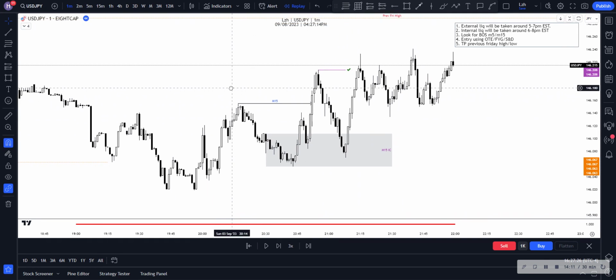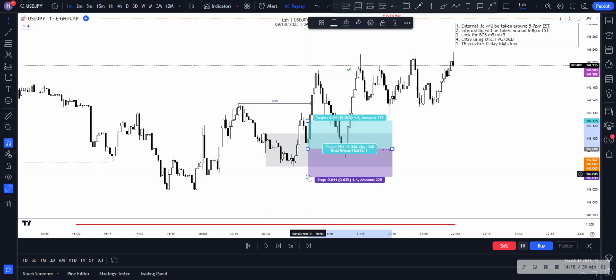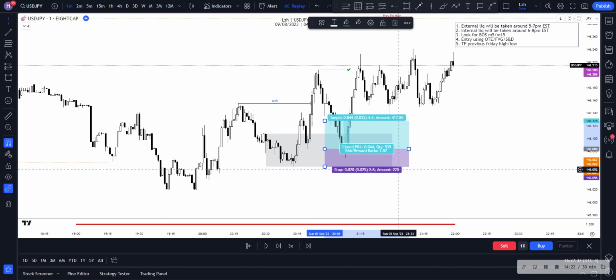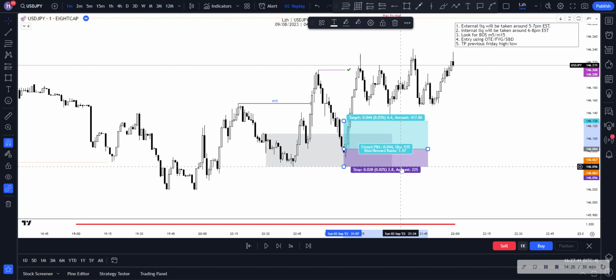A lot of people mention this, placing the entry right at the mitigation level, which is the first step into the POI. The easiest way to explain this is that the first tap into the POI usually will be taken out, which will be the second tap in to liquidate the first entry.